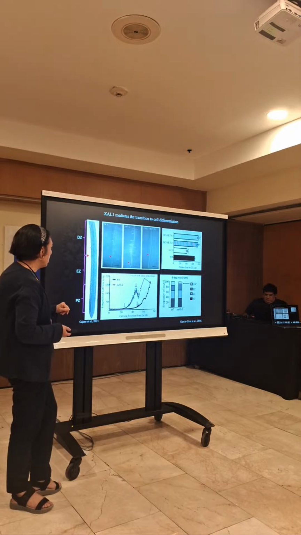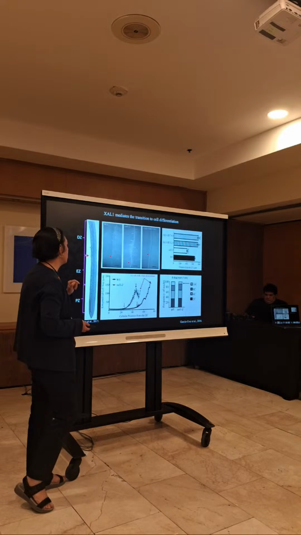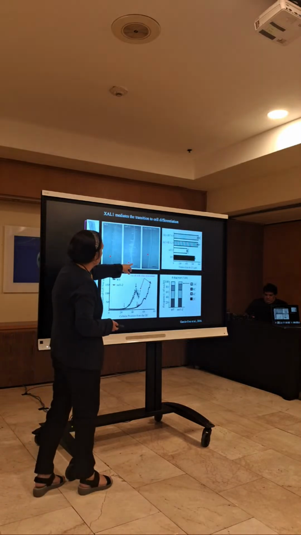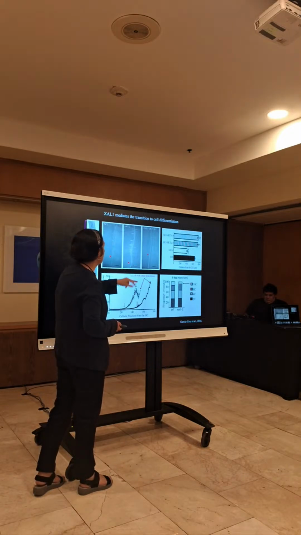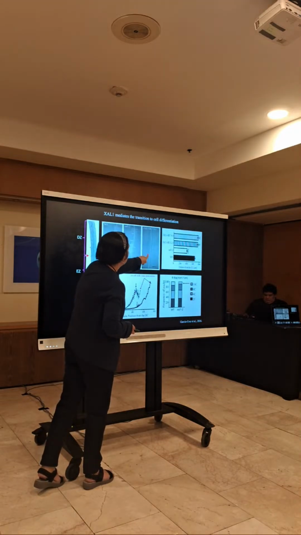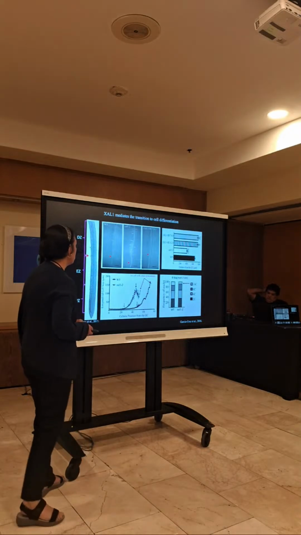And as you can see here, using this marker, the root hairs were closer to the QC in the mutant, and farther away in the overexpression line, as quantified in that graph.